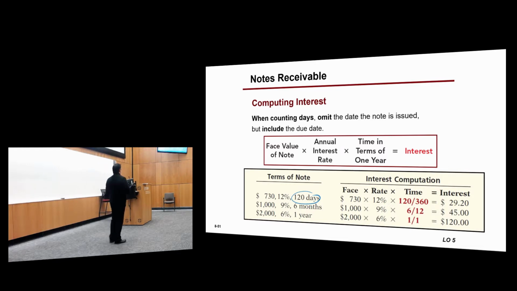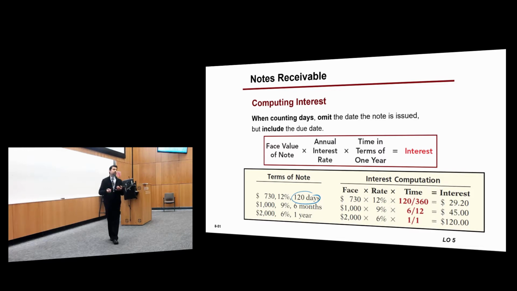Now, a lot of companies actually use 365, not 360, but the book wants you to use 360 for the homework. I think it's simply that the calculations become much easier if you're using 360, because you can divide it by 12, the number of months. So my guess is that this is the only reason.